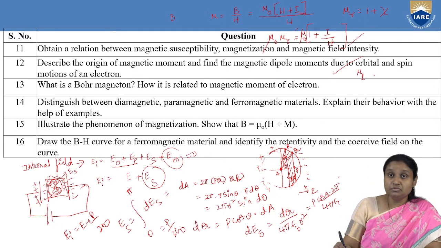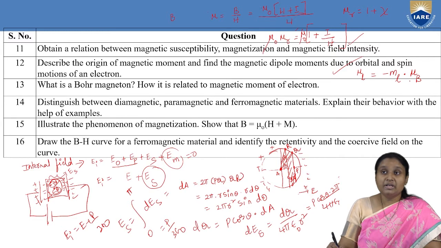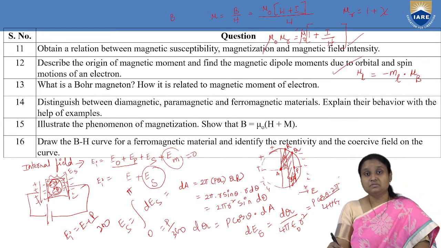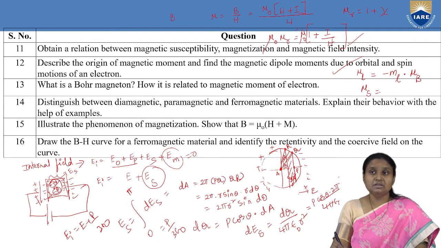So the magnetic moment due to orbital motion is given in terms of the magnetic orbital quantum number ml into mu b. Mu b is the Bohr magneton. The Bohr magneton is the standard unit for measuring magnetic moment associated with an atomic system, and similarly the spin magnetic moment is given in terms of the magnetic spin quantum number into the Bohr magneton.